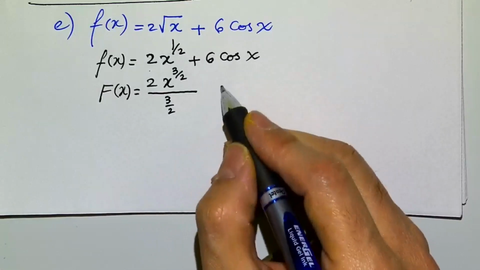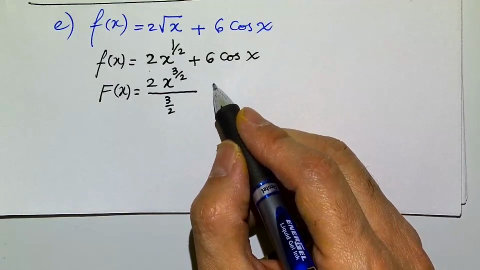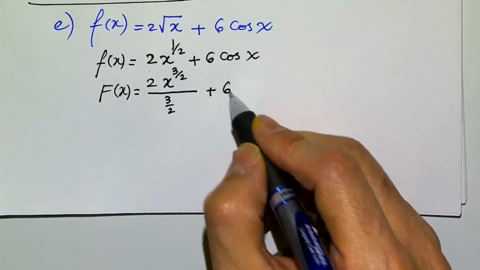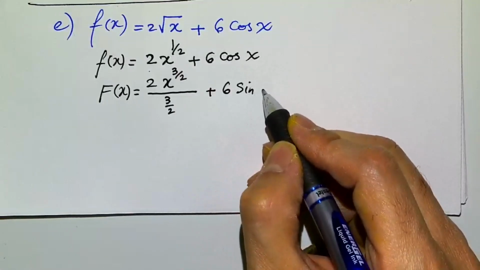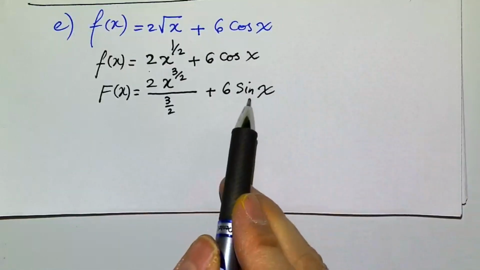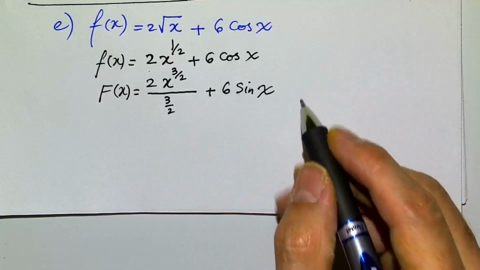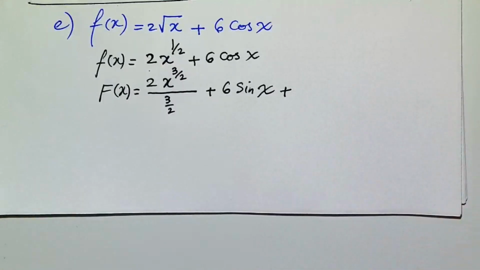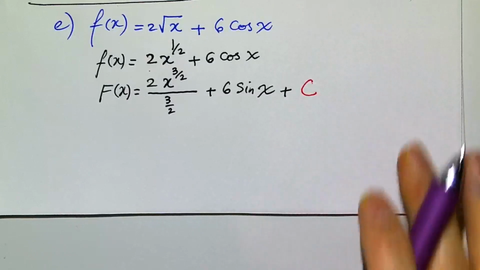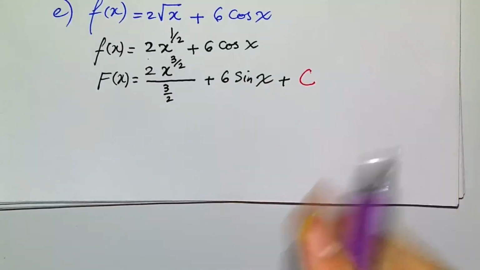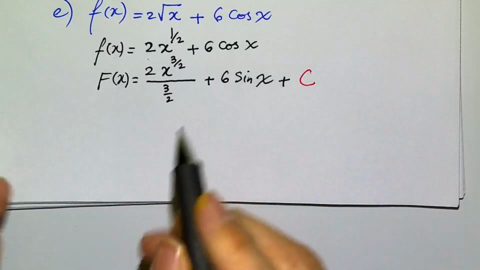And then, of course, the antiderivative of this would be plus 6 sine of x, right? The derivative of sine of x is cosine of x, and the coefficient stays the way it was. Of course, plus any constant we may have had. So let's simplify this.